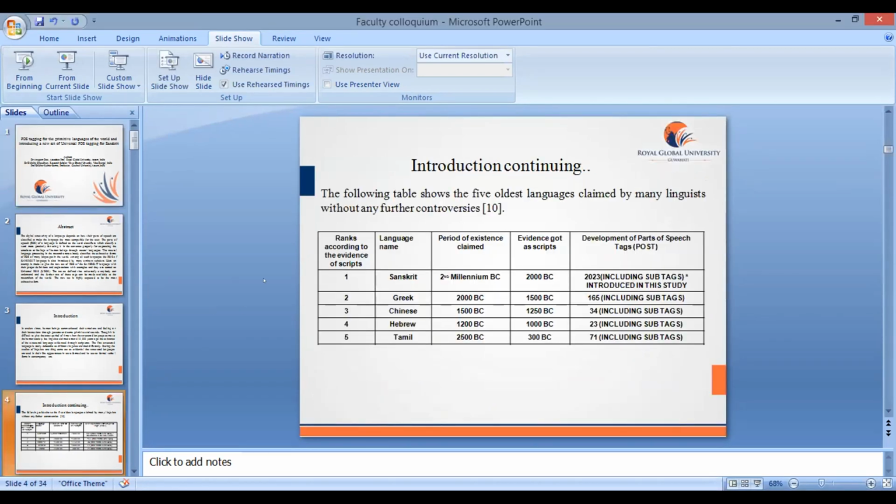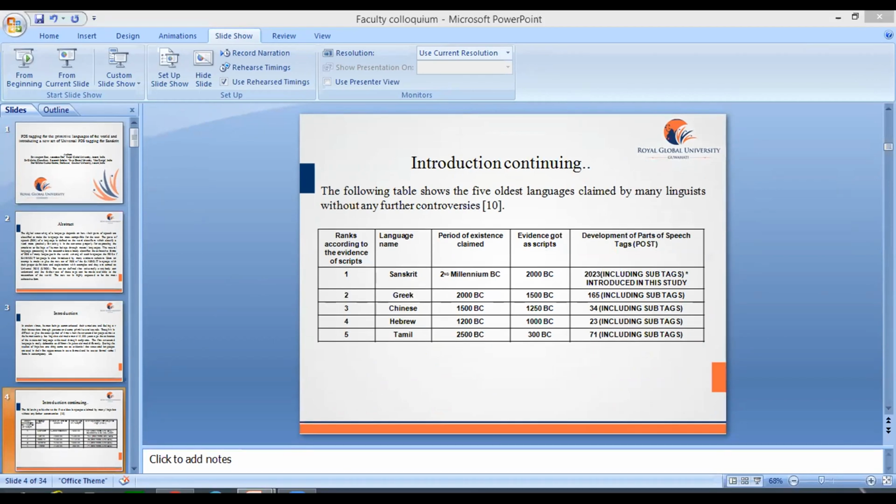In my laptop, the slideshow version is there. Is it visible now? No, still it is not visible, but now you can continue.